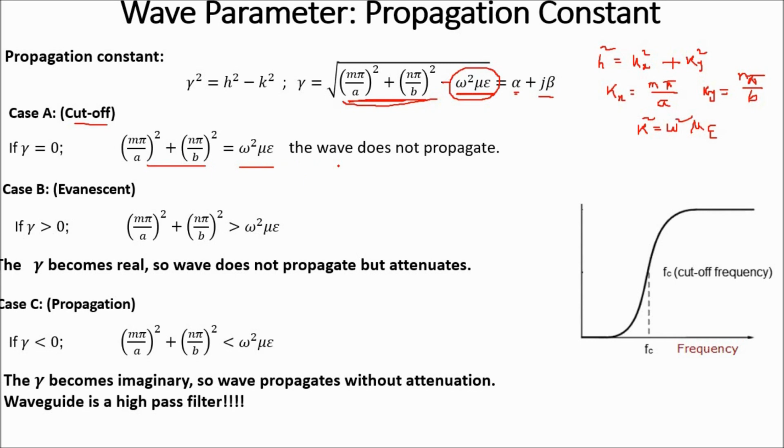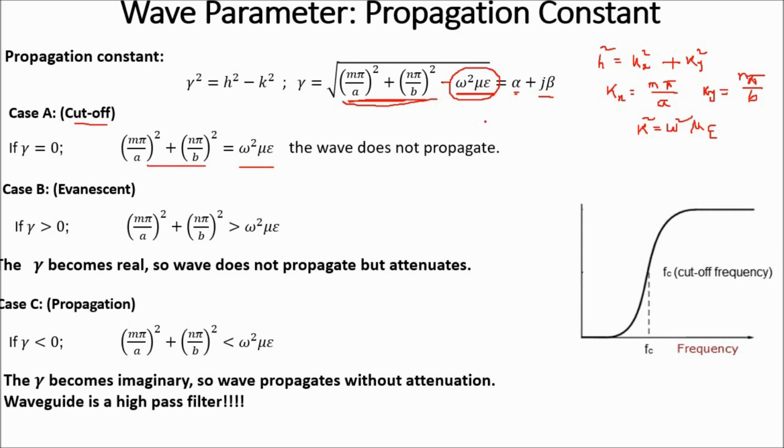So the wave will not propagate, and this frequency is called the cutoff frequency, or this mode is called the cutoff mode. At this frequency, the waveguide behaves like a cutoff. So this is the threshold frequency.